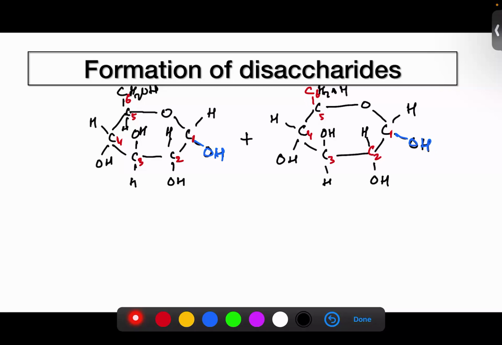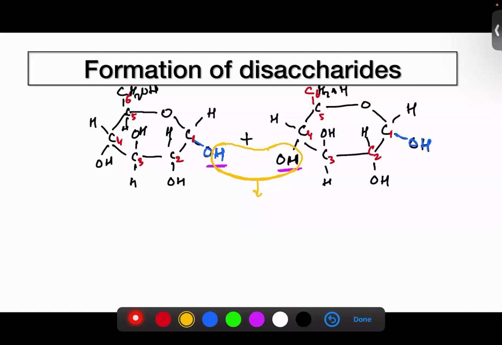An enzyme brings these 2 hydroxyl groups into an active site and removes a hydroxyl group from one and hydrogen from the other. It doesn't matter from which carbon you are removing the hydroxyl group and from where you are removing the hydrogen, but it should be the hydroxyl group from one carbon and hydrogen from the hydroxyl group of another carbon. Okay, so this would be eliminated as water.